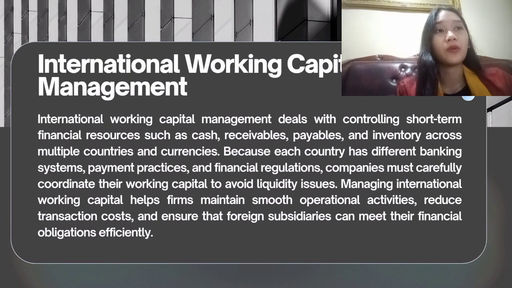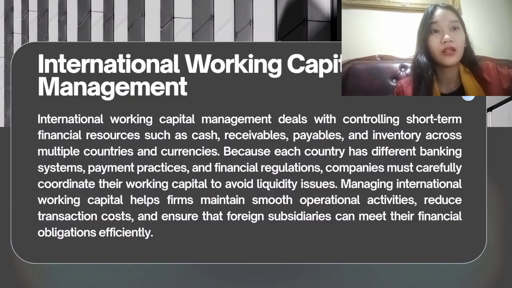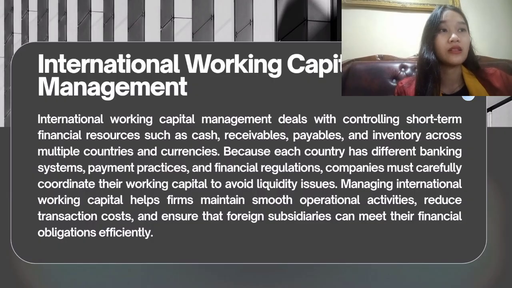Managing international working capital helps firms maintain smooth operational activities, reduce transaction costs, and ensure that foreign subsidiaries can meet their financial obligations.